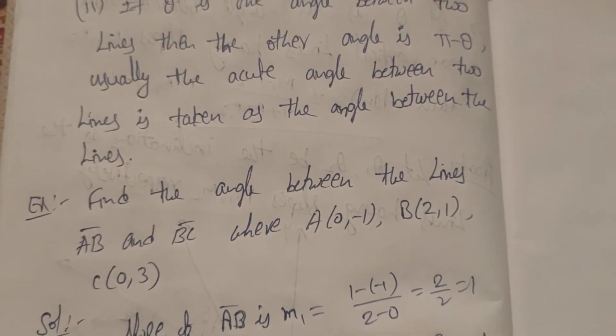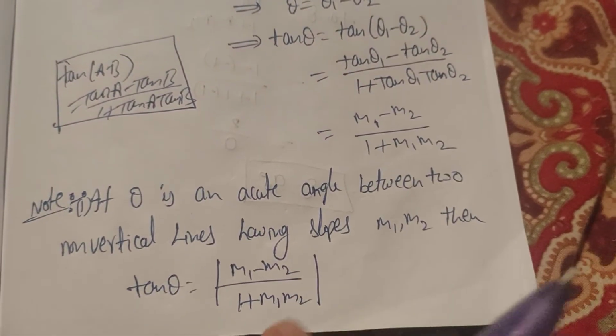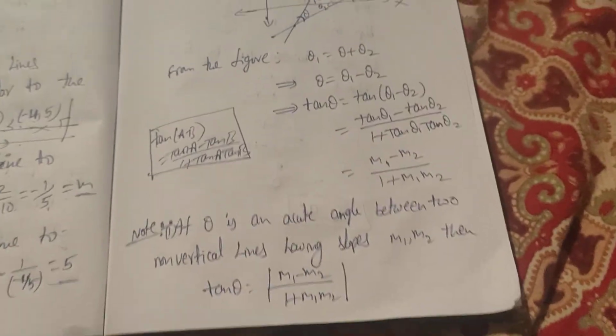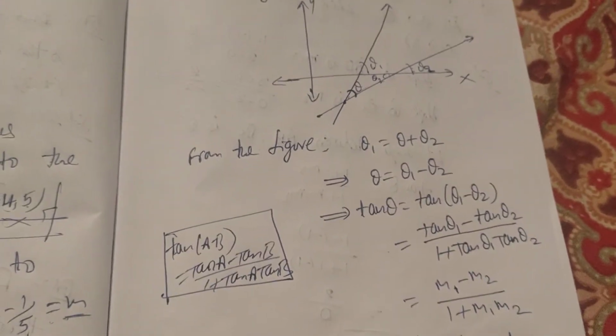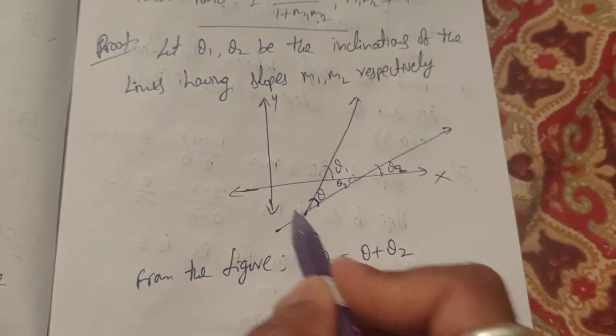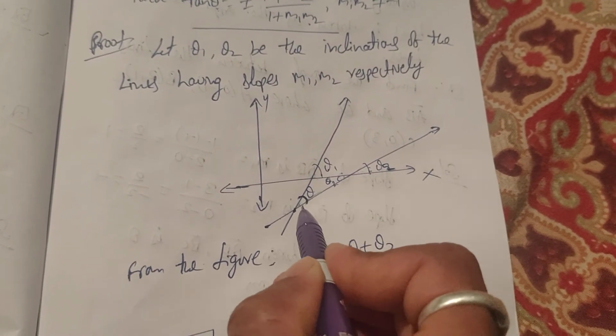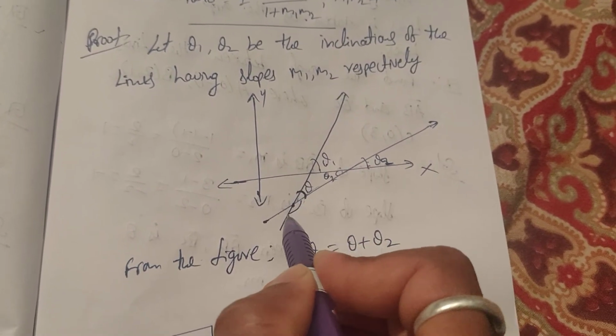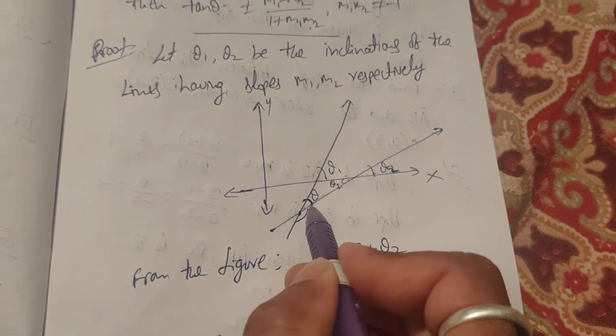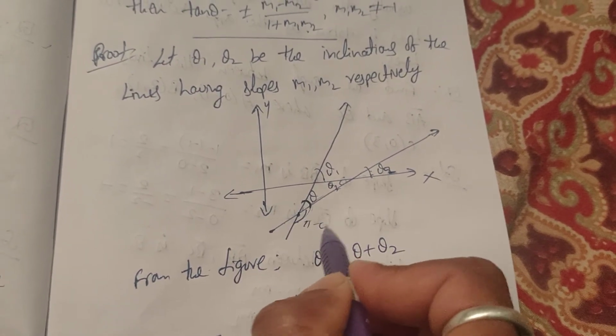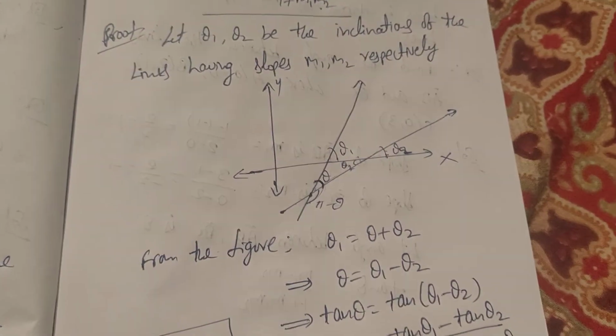Acute angle means we have to keep the modulus in the formula. That means tan theta is equal to modulus of m1 minus m2 by 1 plus m1 m2. If you know that theta, then the other angle is this one only. So this is a linear pair. Linear pair means if you know one angle, the other angle is nothing but pi minus theta. That is what I gave in the note.